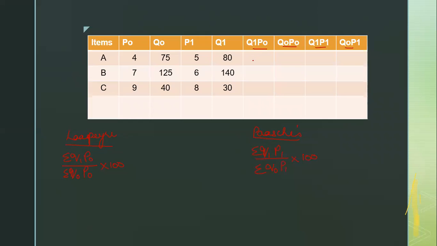Okay, start calculating, students. Q1P0 means what? You have to multiply the quantity of the current year into the price of the base year, that is 80 into what is the price for the first product? It is 4. What is the answer? Yes, good, 320. Second one, yes, Ankita, Ashil, Kushi, okay, 980.